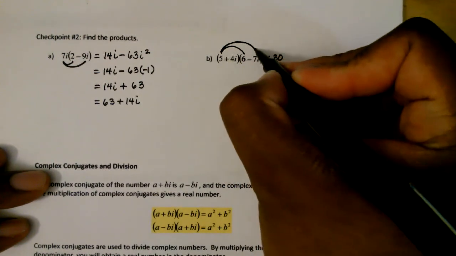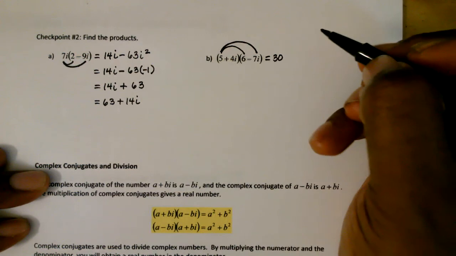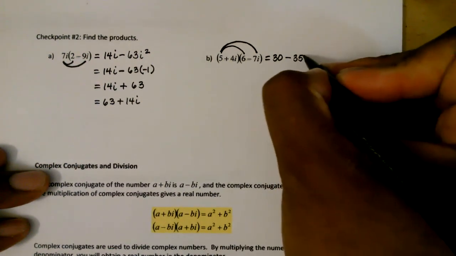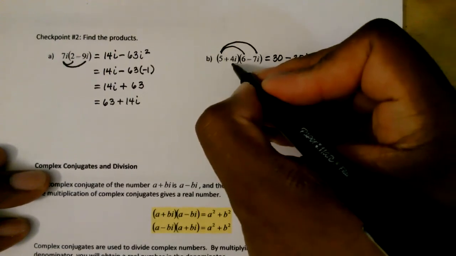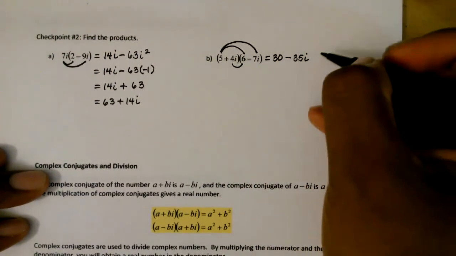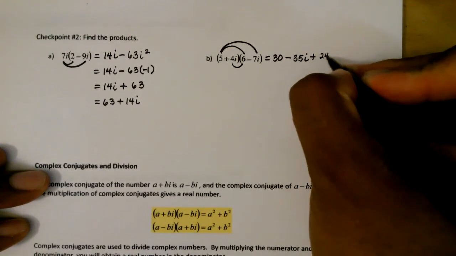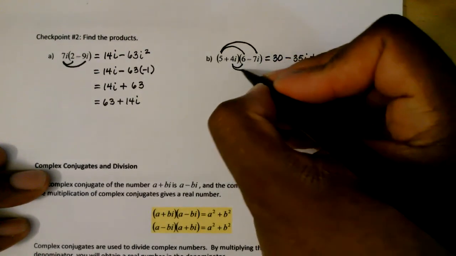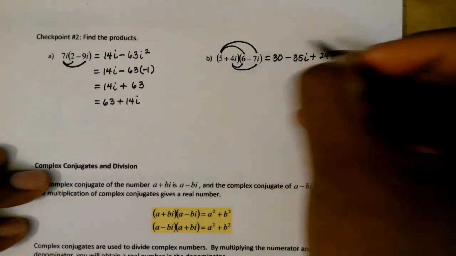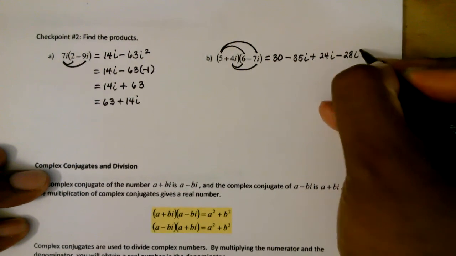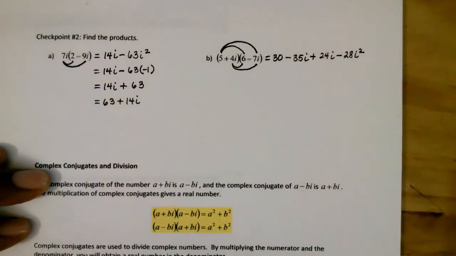The outer, 5 times a minus 7i. That's going to be a minus 35i. The inside, 4i times 6 would be a plus 24i. And then last times the last term, 4i times a minus 7i. That would be minus 28i squared.